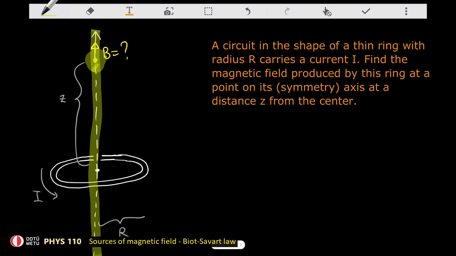So the coordinate of that point with respect to the origin in here, which is chosen as the center of the ring, is z, that's given. So we would like to express the magnetic field at that point in terms of this z, the current I, and the radius r.